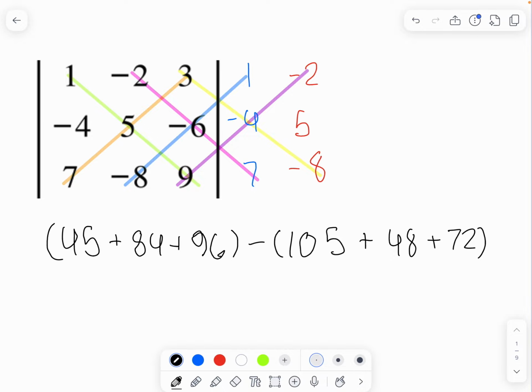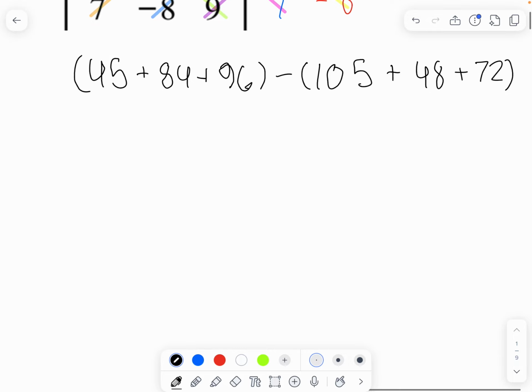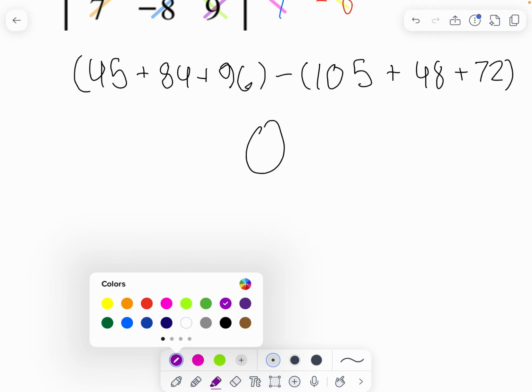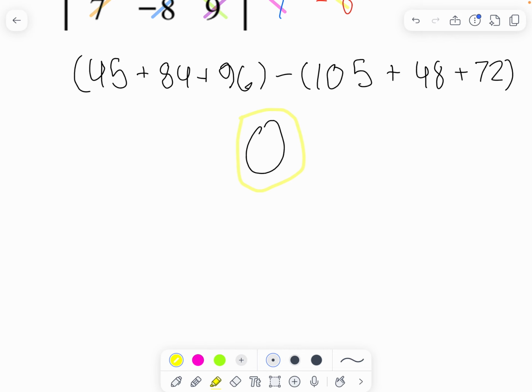Yeah, so that in the end does equal 0. So we did get a good answer in the end. Just fact checking to make sure I don't put any wrong information.